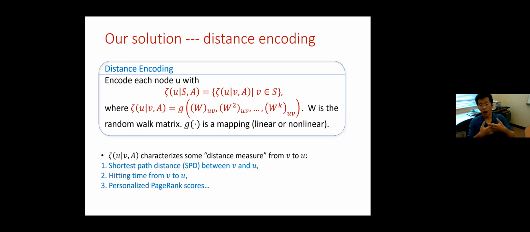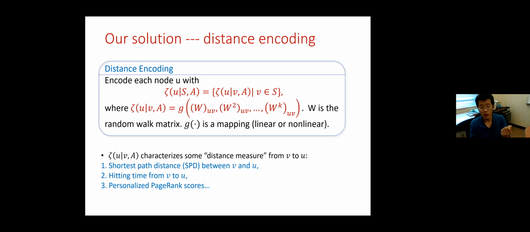And then the next question. That's the previous definition, which is very general. So what's the specific distance encoding that works and is very powerful? This is the definition.